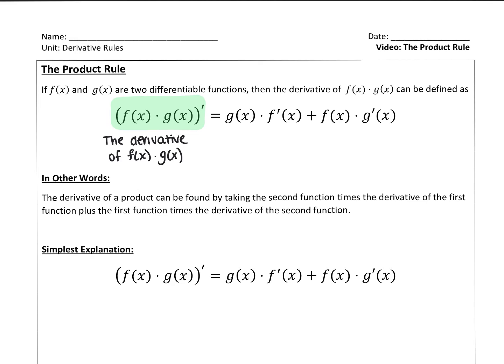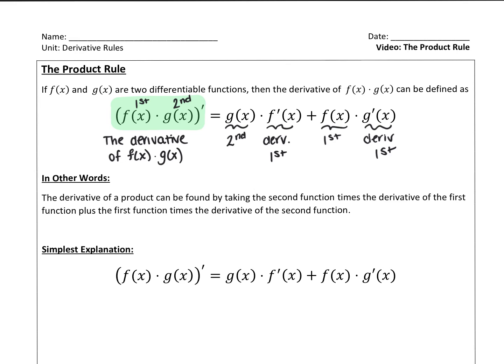The formula to find the derivative is, if we call this our first function, and we call this our second function, it becomes the second function times f prime of x, the derivative of the first function, plus f of x, which is our first function, times g prime of x, which is the derivative of the second. So that's the formula in a nutshell.